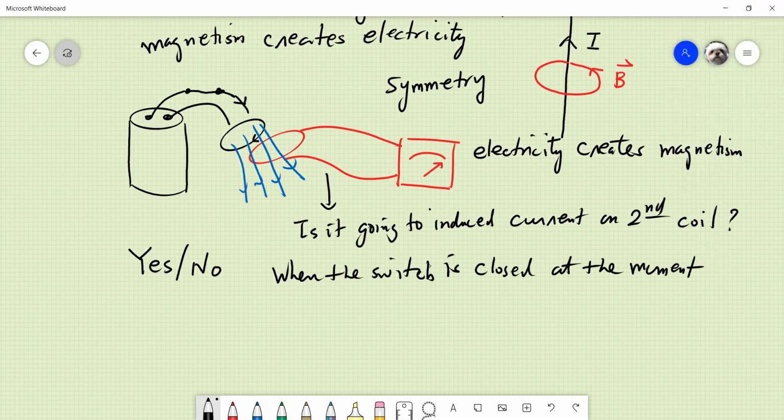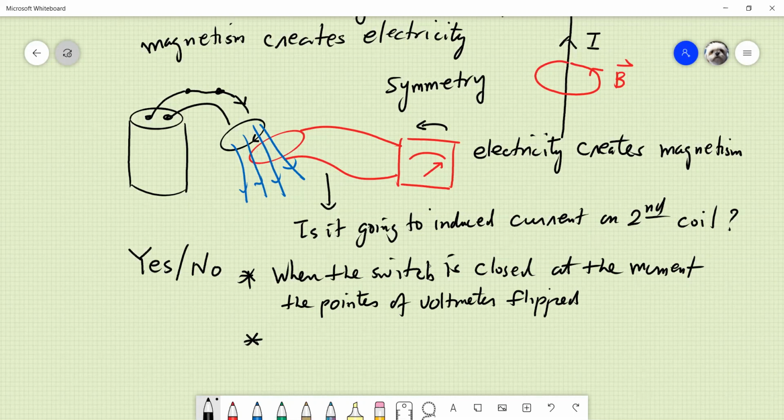Faraday saw the pointer of the voltmeter flip. Good. So it means there's a current going through the secondary coil. But what is the no?